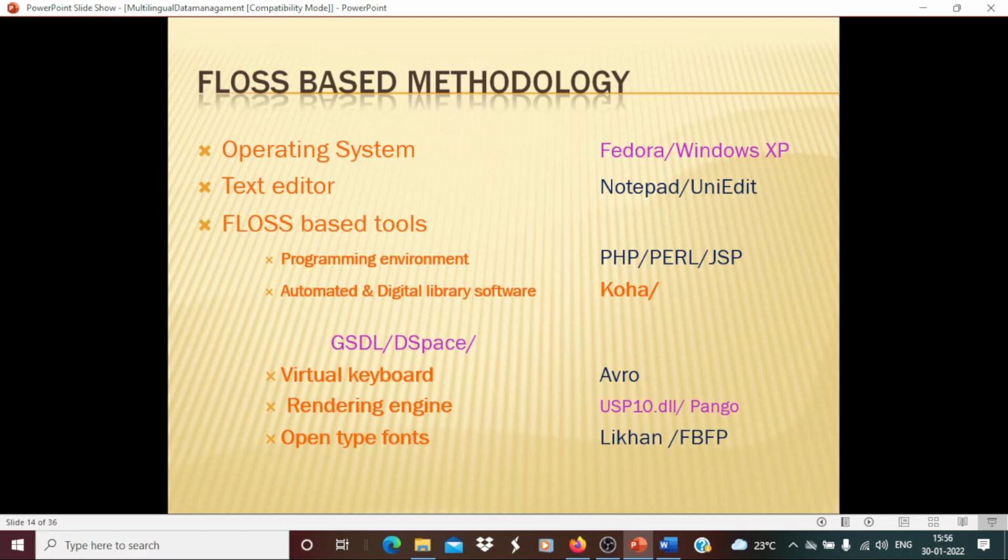For example, in Bengali we are using Likhon or FBFP. FBFP is a project of Bangladesh. They call it Ekushe Bangla. So Ekushe Bangla, Ekushe February, you know that 21st February is World Mother Language Day, in memory of the martyrs in Bangladesh who struggled to include Bengali as their mother tongue in place of Urdu.